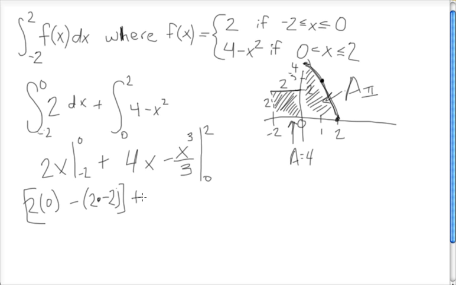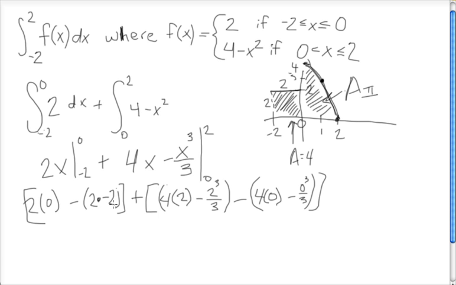And we're going to add that to 4 times 2 minus 2 to the third power over 3 minus 4 times 0 minus 0 to the third power over 3. Okay? So 2 times 0 is 0, so we get 2 times -2, which is -4, giving us a +4 here, which is what we expected.